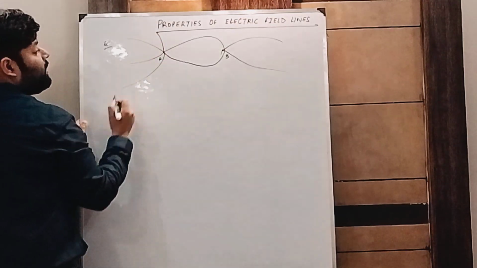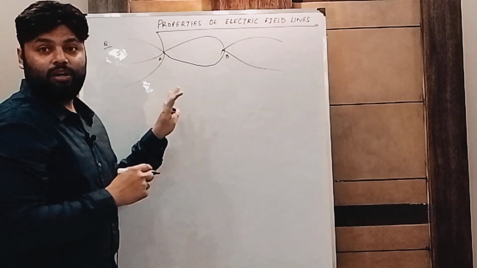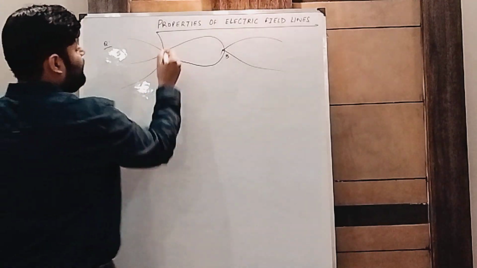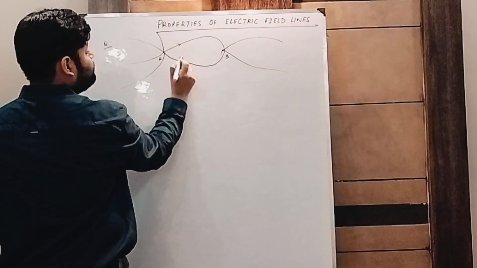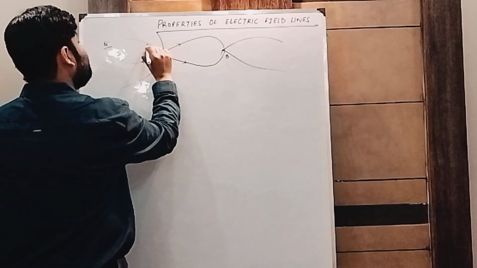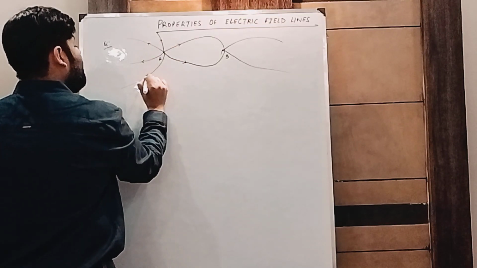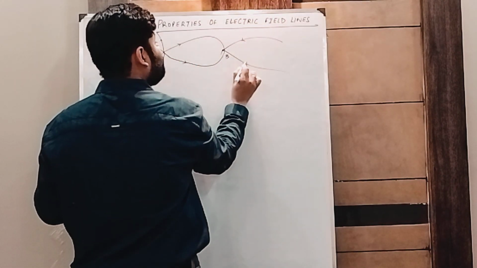This was the figure given to us about the electric field lines. This is A. From A, they were emanating and they were terminating at B.